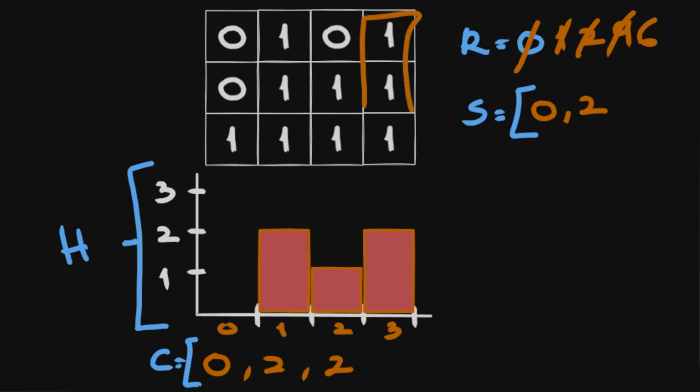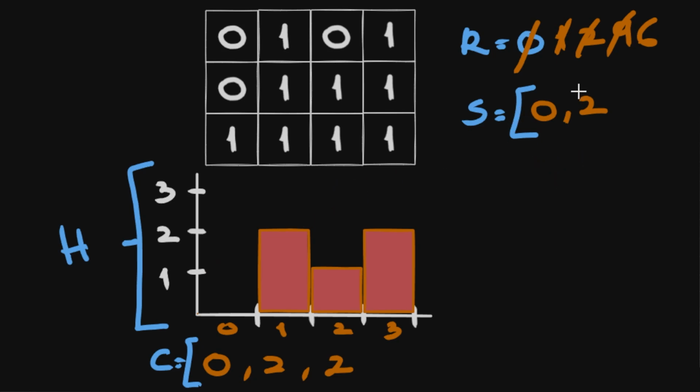Now we are here. The current height is 2. And height at index 2 is 1. Given that the current height is greater than the height for the last index in our stack, we are good to go. This is monotonically increasing, so we can keep our stack as it is.